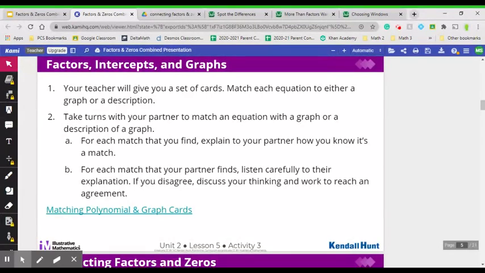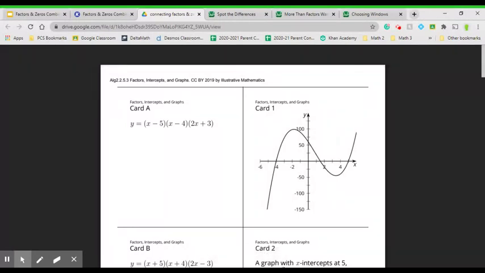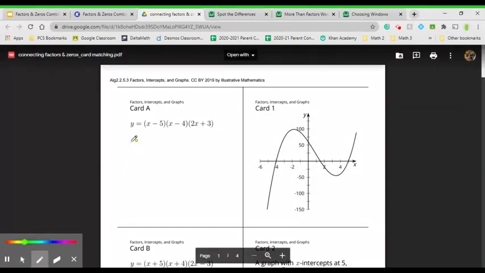So let's just look at one matching card together right now. For instance, in card A right here, we have x minus 5, x minus 4, and 2x plus 3. So you could graph that and try to match it up. But something to remember is that we have x minus 5, x minus 4, and 2x plus 3.